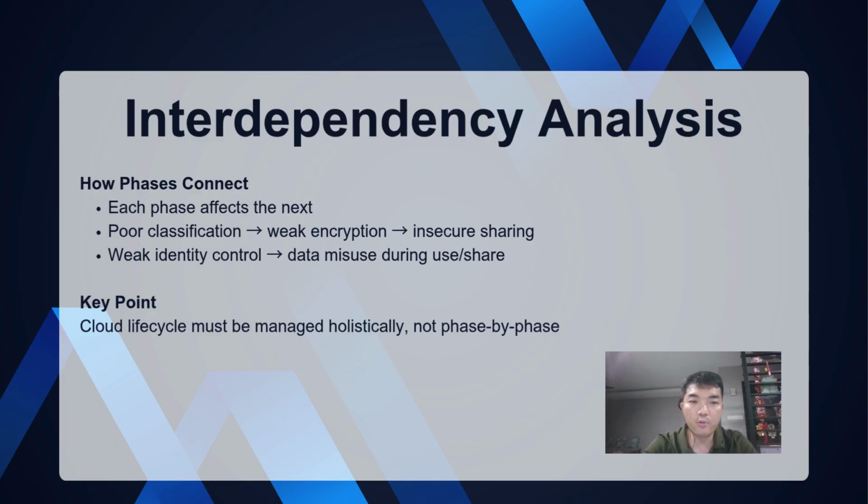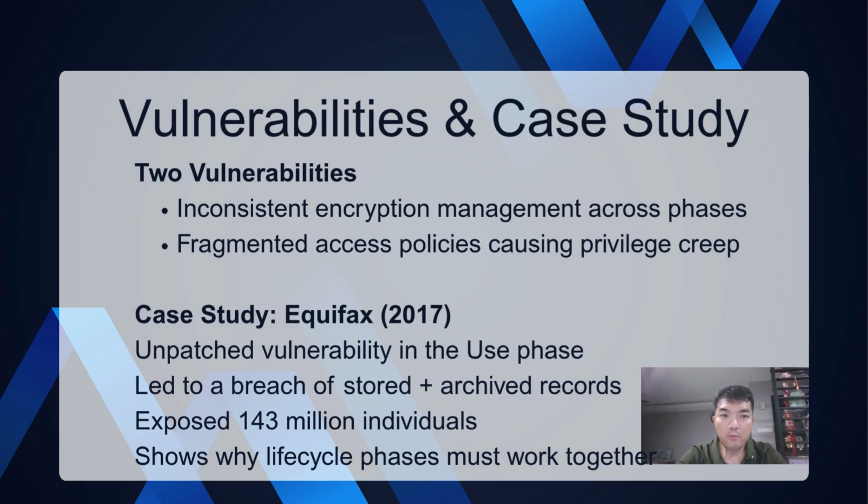A holistic approach is necessary, as disruption in an early phase can cascade, amplifying risk in the later ones. So let's have a look at the vulnerabilities and case study linked to Azure cloud. The vulnerabilities include inconsistent encryption management across the phases and fragmented access policies, which cause privilege creep.